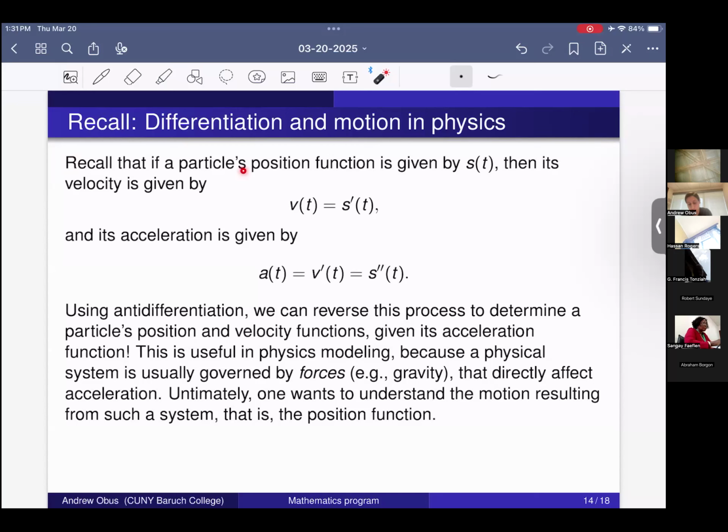We saw that if a particle's position function is given by s of t, then its velocity, v of t, is equal to the derivative of the position function. We thought of velocity as the rate of change of position.